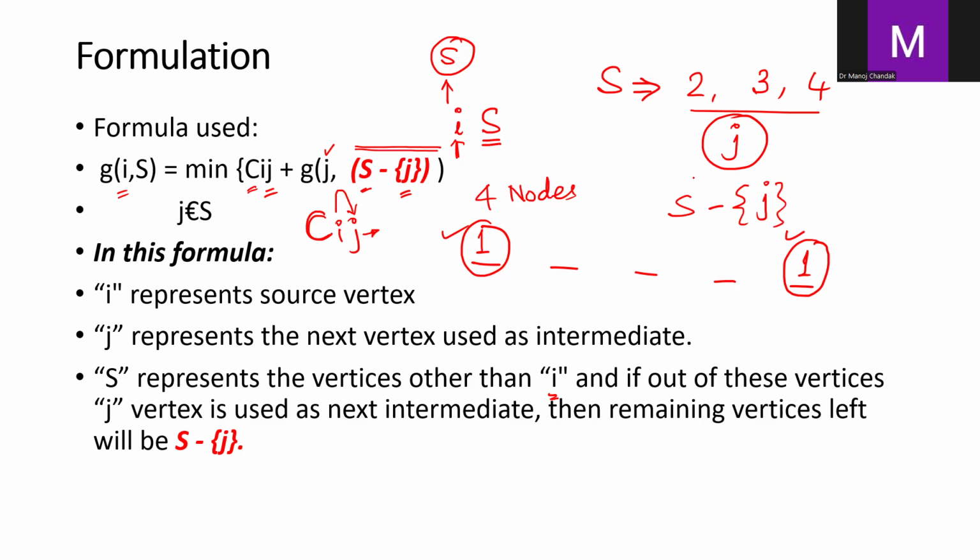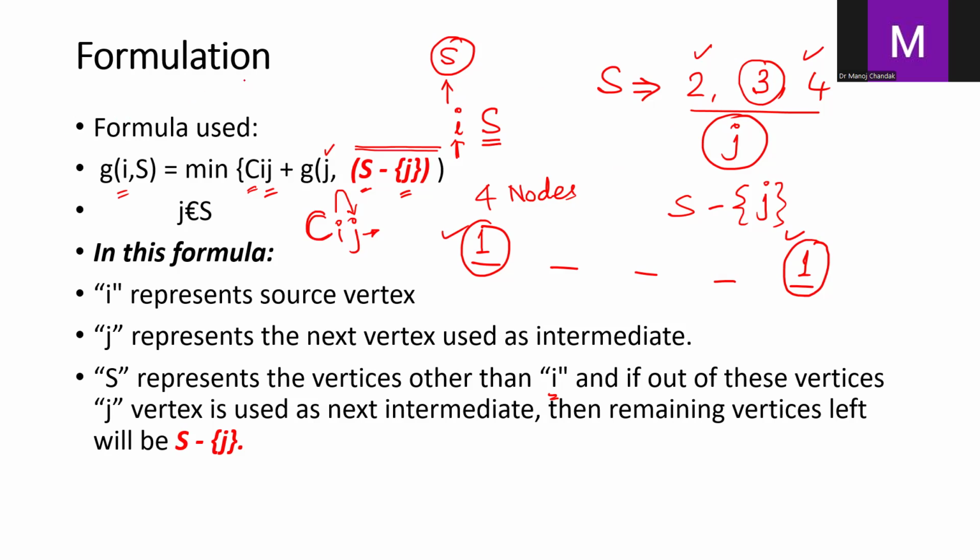If S is 2, 3, 4, and I have picked 3 as j, then S minus j will remain as 2 and 4. Then I will have to operate on the remaining components, and after that, the final minimum cost path will be derived.